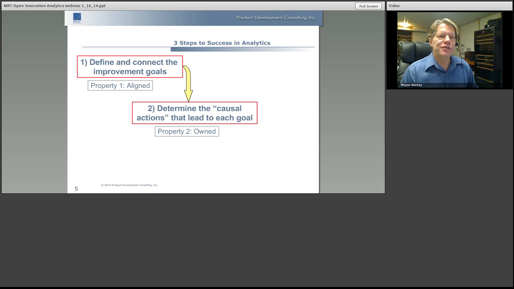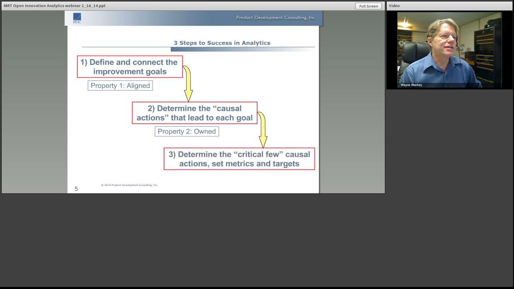So if you're the leader of an organization and you want to set up analytics and metrics for your organization, you start with the goal and you pass the goal to the people who have to implement it at whatever level they're at. But they set up what the right causal actions are. They're closest to the process, and as a result, they really have the greatest insight into what will make you successful or will make something fail.